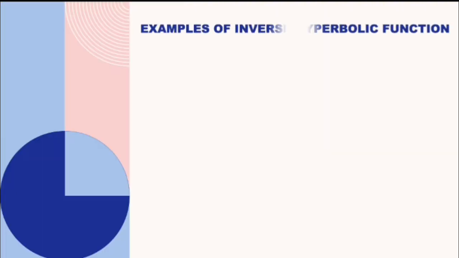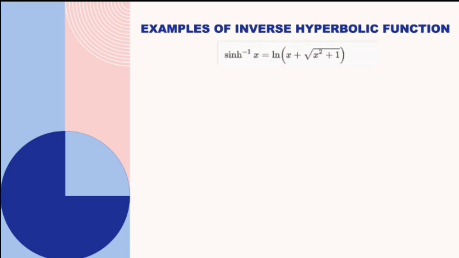Examples of inverse hyperbolic functions. We have here the given formula for arcsinh, where x is 3, and let's apply it to the given formula. Substituting the value 3 for x in the given equation, arcsinh 3 equals ln(3 + square root of 3 squared plus 1).